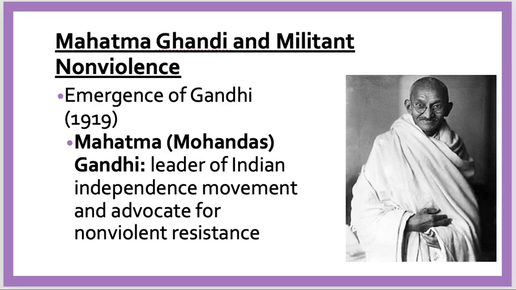Mahatma Gandhi was an interesting and hugely important figure. So his first name's actually Mohandas, and he will be the ultimate leader of Indian independence movements and an advocate for nonviolent resistance. He will really emerge as an Indian leader around 1919 with the Rowlatt Act.